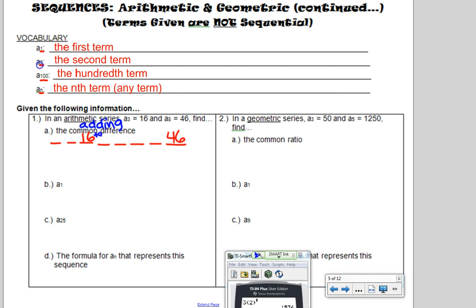I can do plus D to get to there, plus D to get to there, plus D to get to there, plus D to get to there, and plus D to get to there. So our equation then will be 16 plus 5 D's has to get us up to 46. And this will be a great way to find the D rather than just sitting here guessing and checking for 5 minutes.